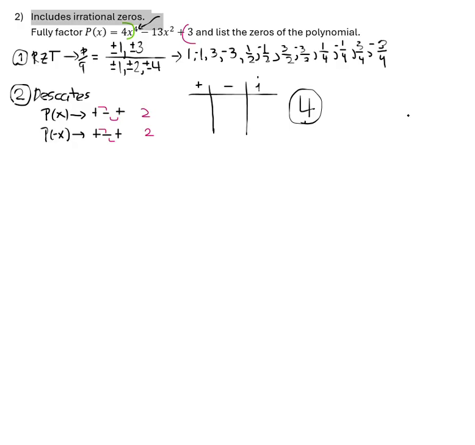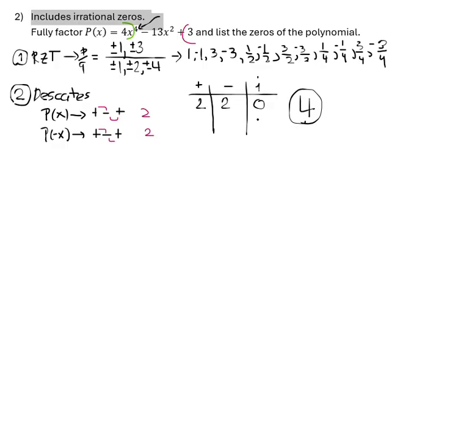That's a 4. So that means we should be looking for up to 4 solutions, all right? So if I put this in, positive solutions, I said we had 2. Negative solutions, we could have 2, which would give us 0 imaginary solutions.